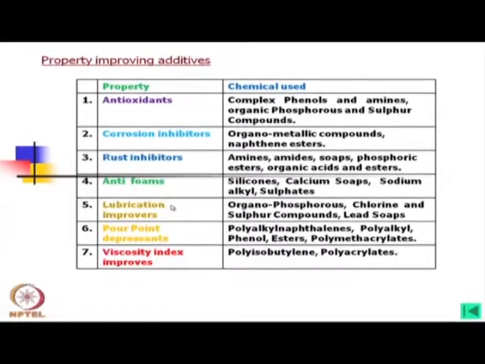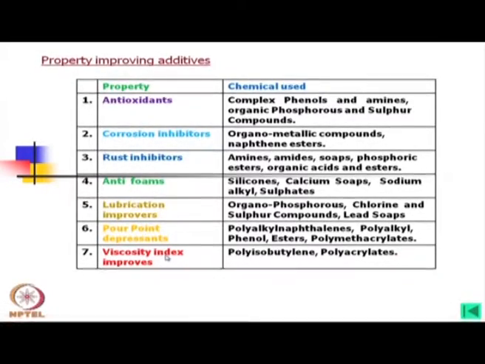Now, lubricant improvers: organophosphorus, chlorine and sulfur compounds, lead soaps. Pour point depressants, I will discuss what pour point is in the next slides. Polyalkylenolens, very difficult to pronounce, but this is the compound that is used, polyalkyl phenol esters, polymethacrylates.